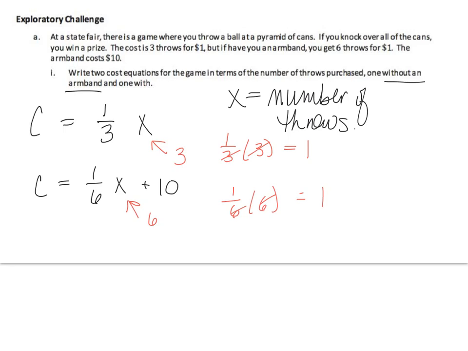So for 6 throws it cost me $1, but I had to pay $10 to purchase the armband. So now I have 2 equations and 2 unknowns. That's 2 cost equations for the game in terms of the number of throws purchased, one without an armband and one with. Check.